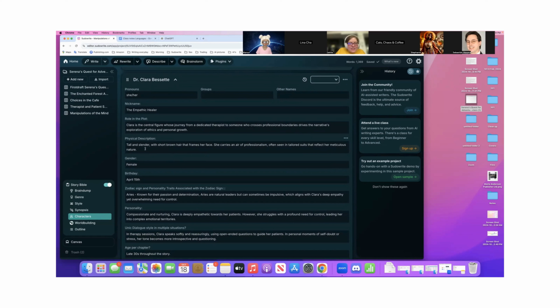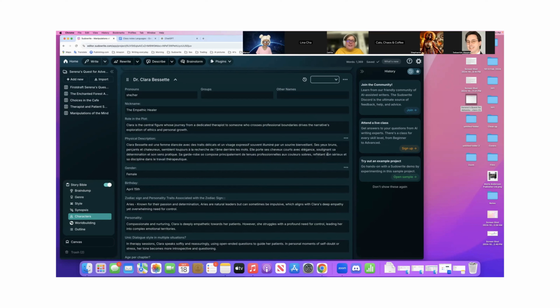They give us a very small description. I want more information on that. But she likely would look a lot like Cassie, with tailored suits and a meticulous nature. Very professional. So yes. Although I feel like Clara crosses way more lines than Cassie does.